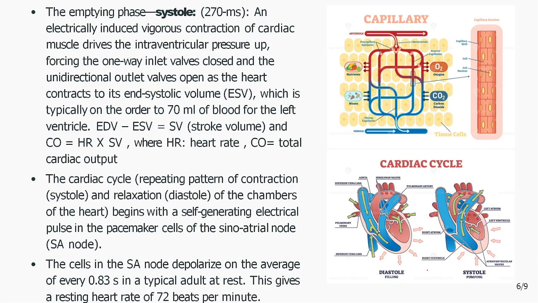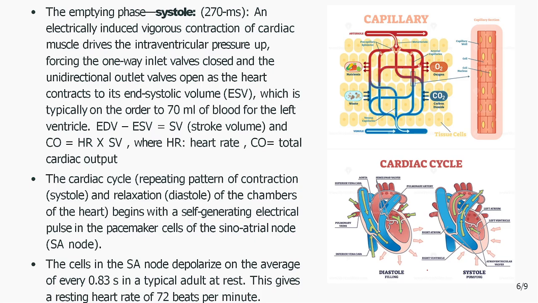Due to the pressure, the left ventricle and right ventricle both contract at a time, and they empty, and we get our end systolic volume, ESV, which is typically on the order of 70 milliliters of blood for the left ventricle. So, after contraction, the left ventricle contains 70 milliliters.